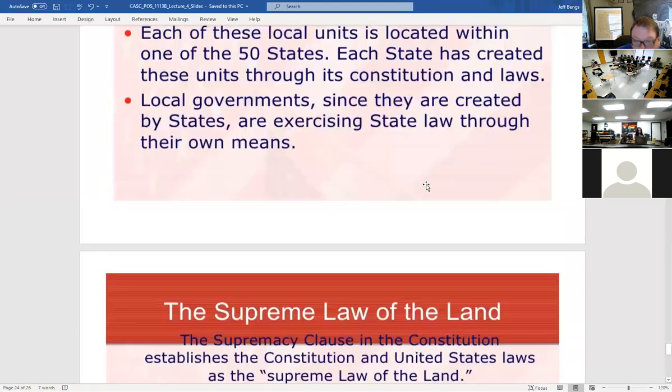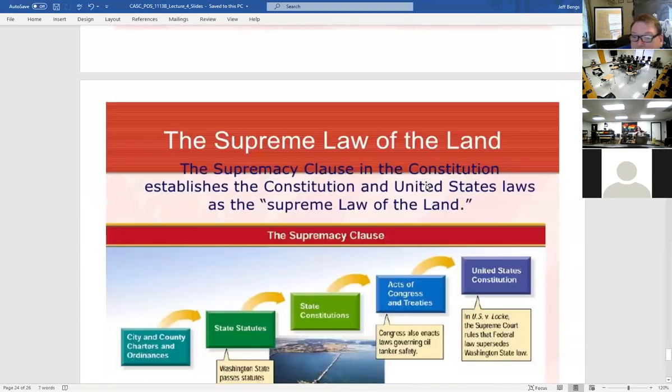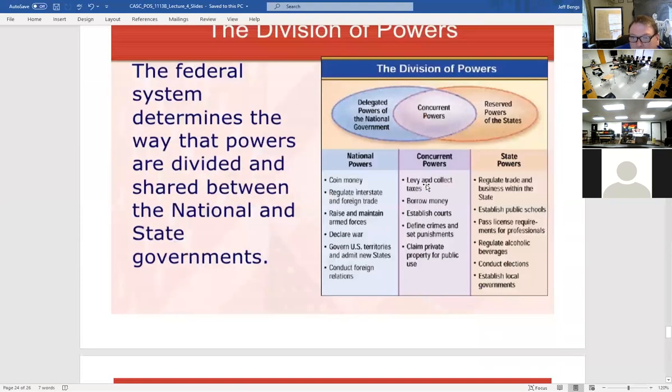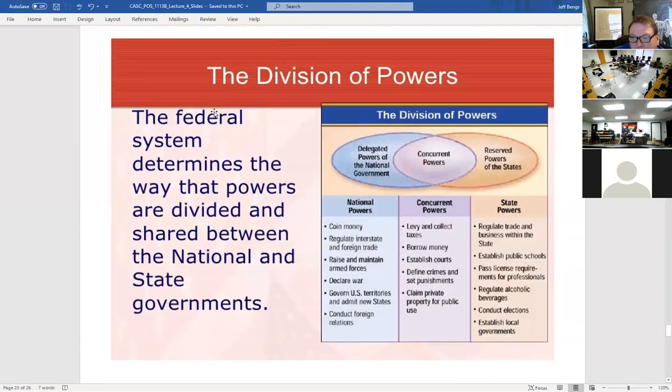And so we close today's class by saying this. Under our Constitution, it's a federal system that has a division of powers: national powers, state powers, and concurrent powers. Right here's the summary slide.